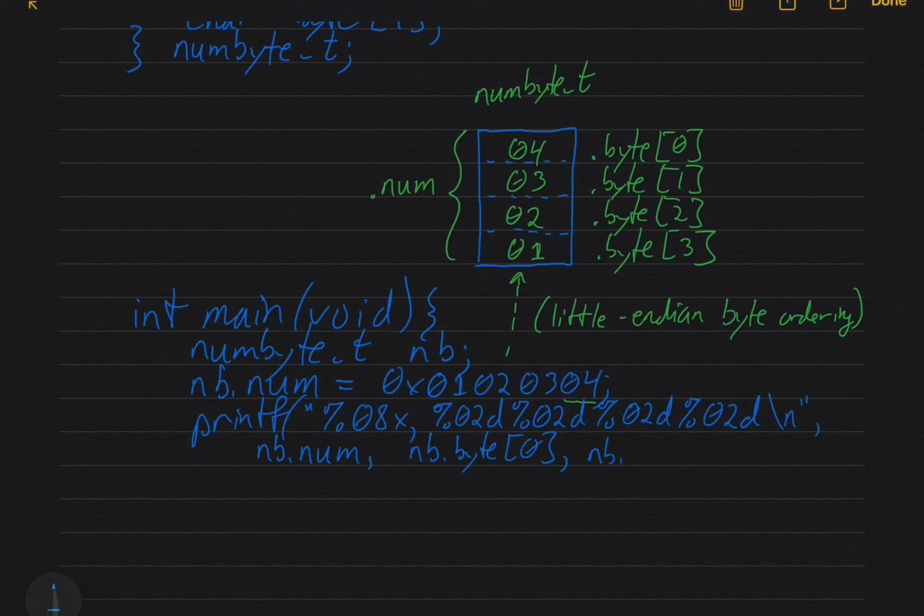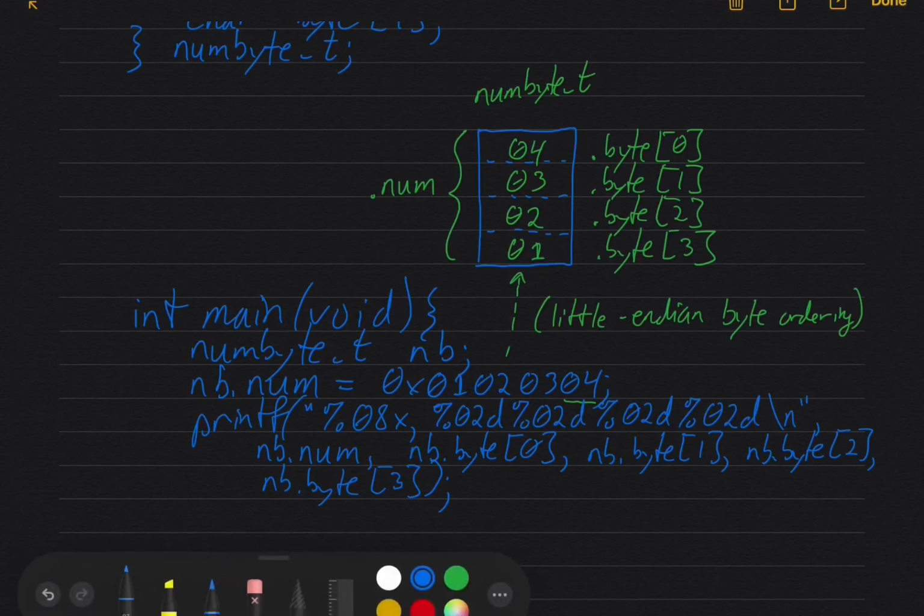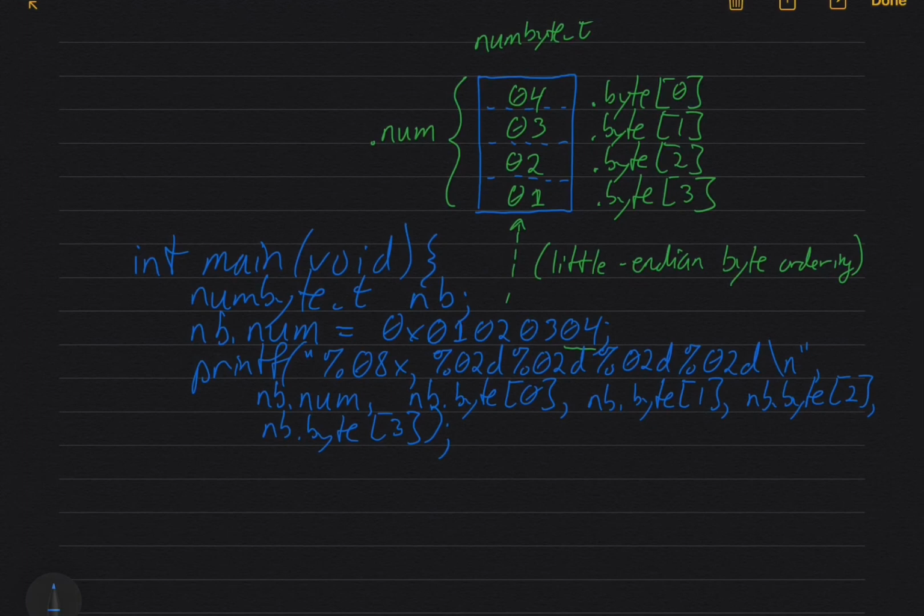We got to do this 4 times. nb.byte[1], nb.byte[2], and nb.byte[3]. The name byte there is just an identifier. There's nothing special about it. And before I show the output, let's close our main here. So that's the whole program.